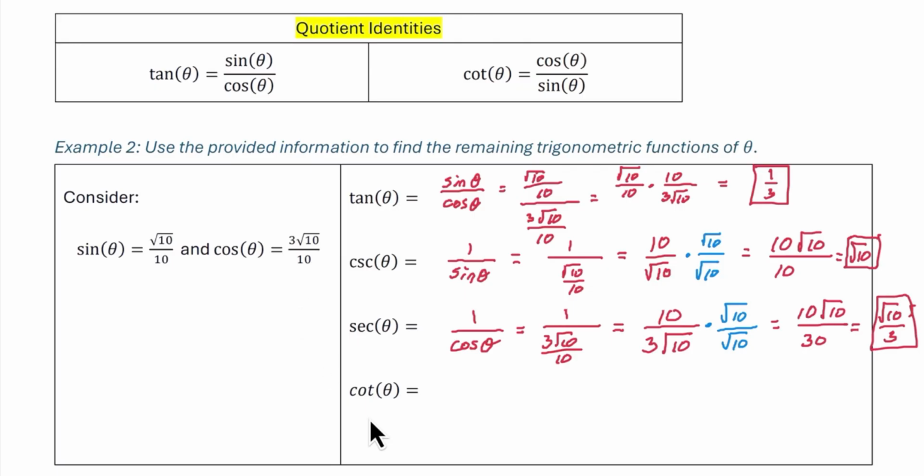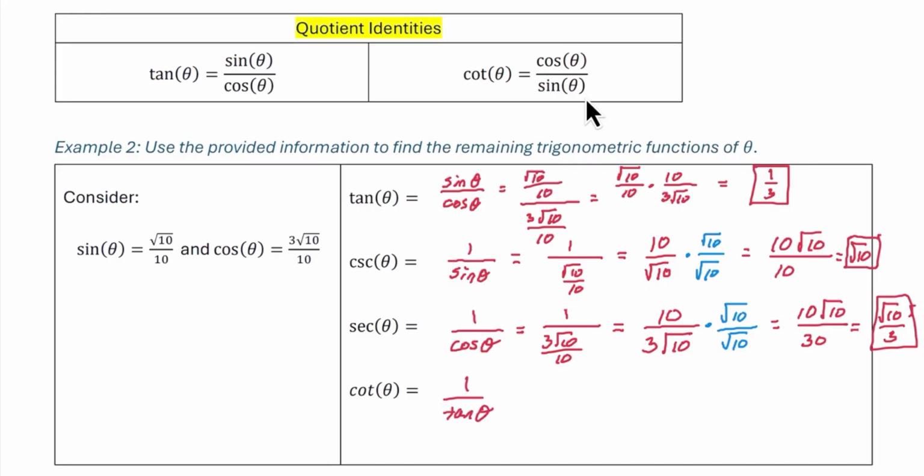Finally, cotangent theta. We know it is the same thing as cosine theta divided by sine theta, or we could just use the fact that cotangent theta is 1 divided by tangent theta.